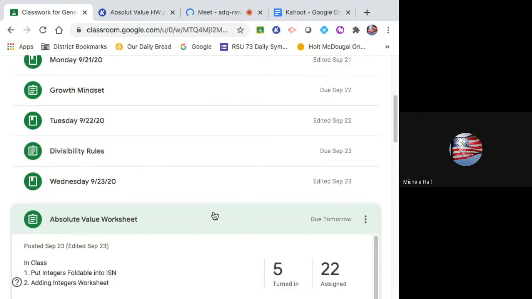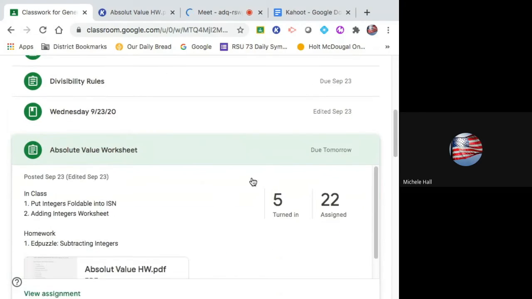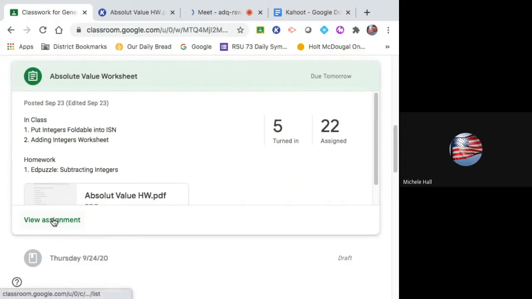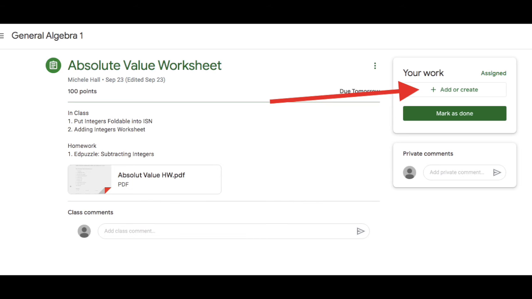We're over on Google Classroom. Notice right here that it says we have something due tomorrow, absolute value. You're going to click on View Assignment. And then you're going to click the plus sign where you can add or create.